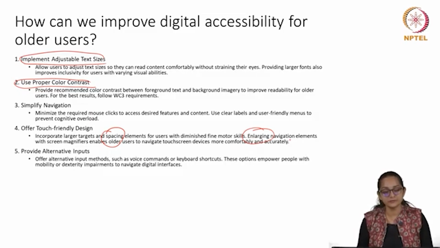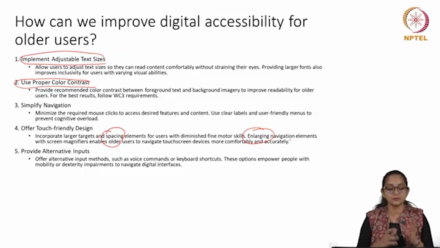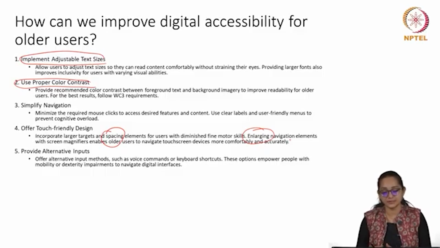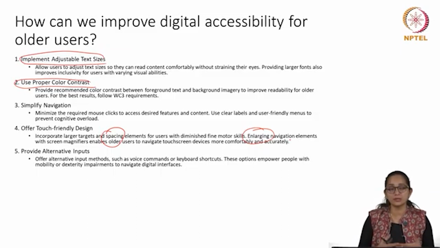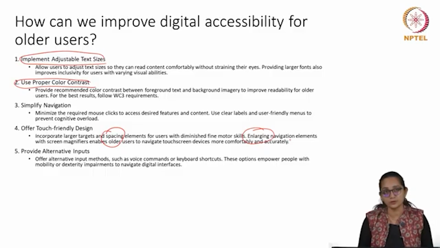Provide alternative inputs. So, offer alternative input methods such as voice commands or keyboard shortcuts, etc. These options empower people with mobility and dexterity impairments. So, wherever possible, try to incorporate multimodal input and output methods.